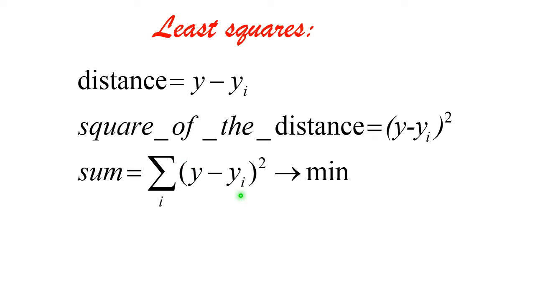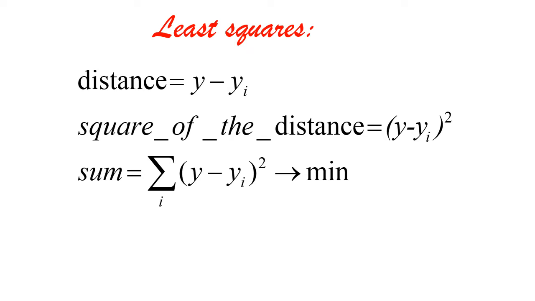Then we calculate the sum of these deviations over each measurement point. And the last thing, we require this sum to be as small as possible. So the sum of squares of all deviations should be as small as possible.